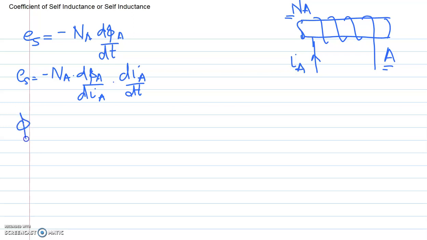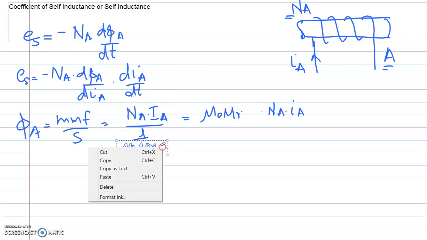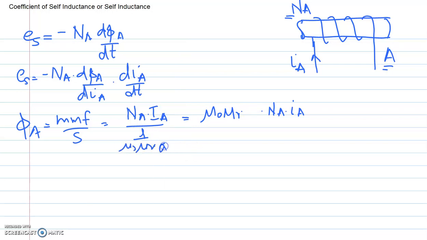And the flux phi A is nothing but mmf divided by reluctance. The mmf is nothing but N into I, so it is Na into Ia divided by S, which is L divided by mu 0 mu R into A. So we can write it as mu 0 mu R into A into Na into Ia divided by L. I'll change this capital A to small a for the area of cross section, because we already have another capital A here.